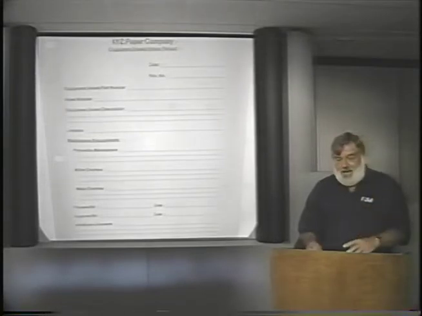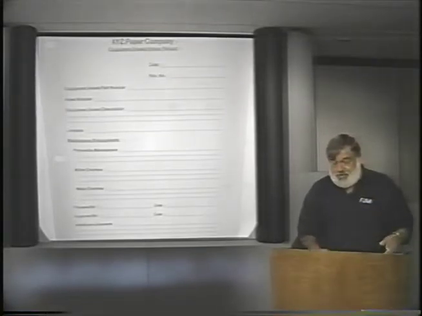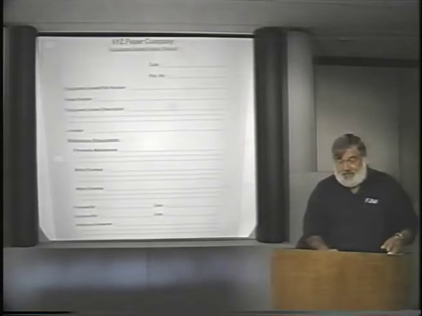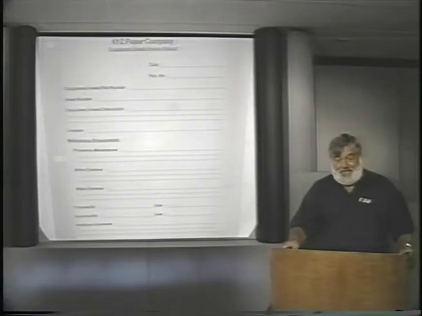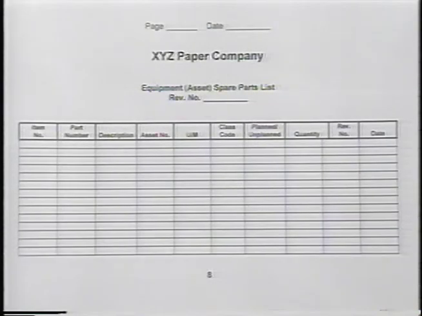Now, the second page, which is identifying the spare parts, is located on page number 8. And up on the top, you'll notice we have page and date. We may have more than one page, so that would be the page number, and the date is when this document would be originated.